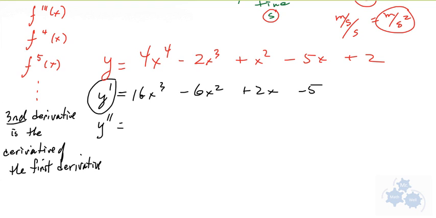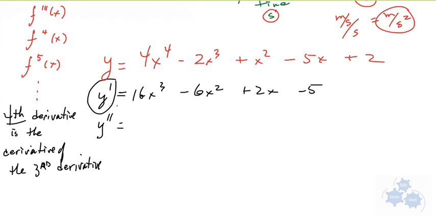That's the derivative of the second derivative. And the fourth derivative here, I just got to change these letters too. The fourth derivative is simply the derivative of the third derivative. Got it? So you're always taking the derivative of the previous derivative.